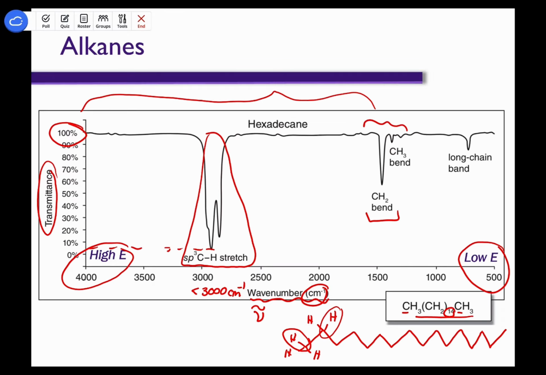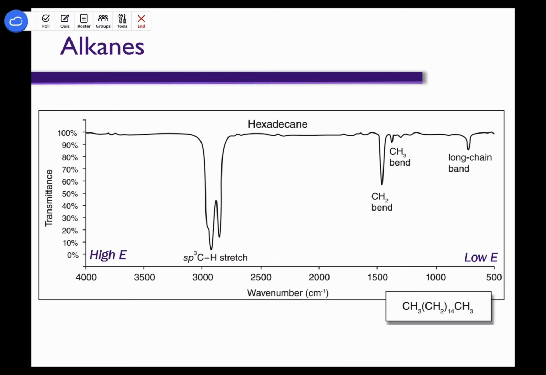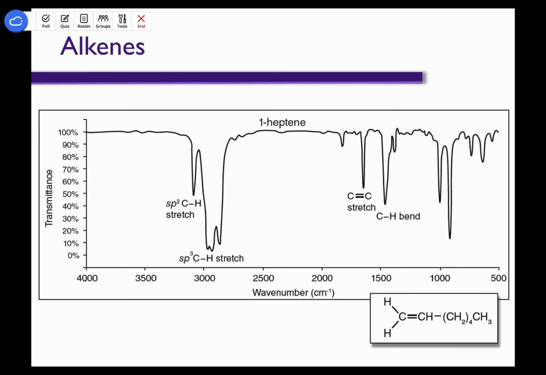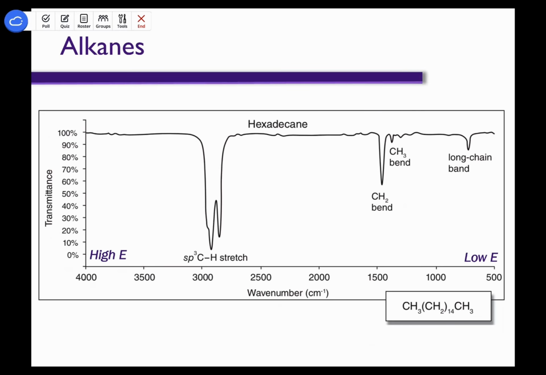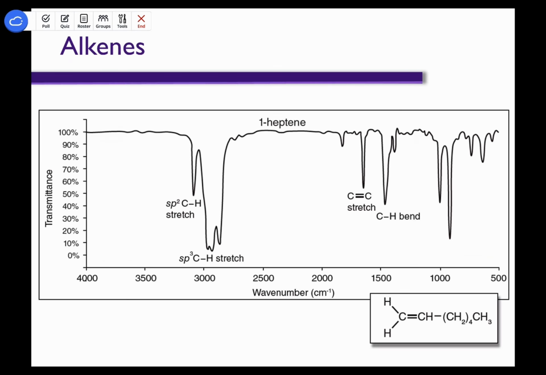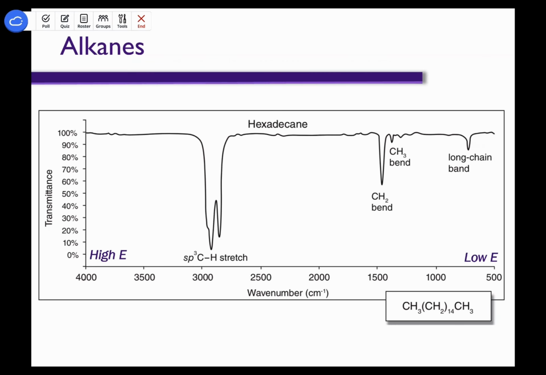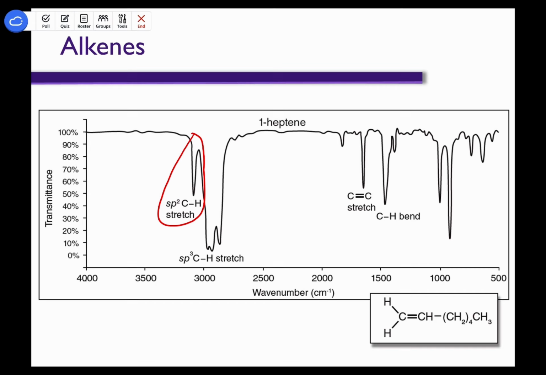Okay, now let's compare that to an alkene. I'm going to go forward here. So here's our alkene and our alkane. Ene, ane. Double bond, single bond. This is the one we just did. The most unique peak that's different between the alkane that we just identified and the alkene is that sp2 carbon hydrogen stretch.